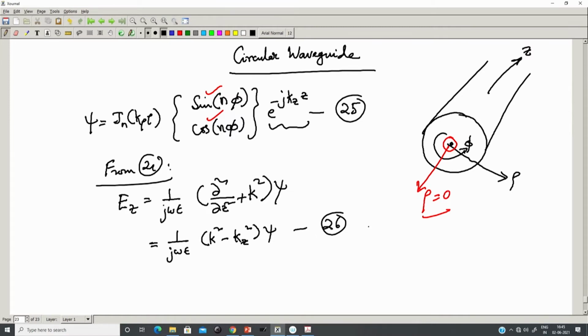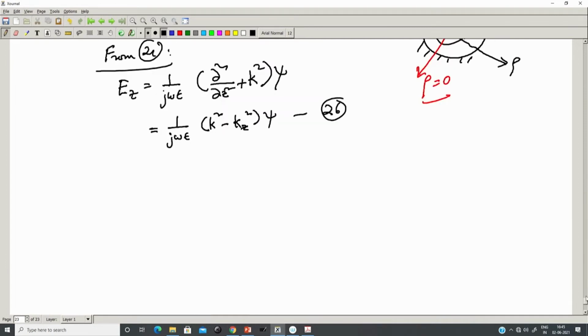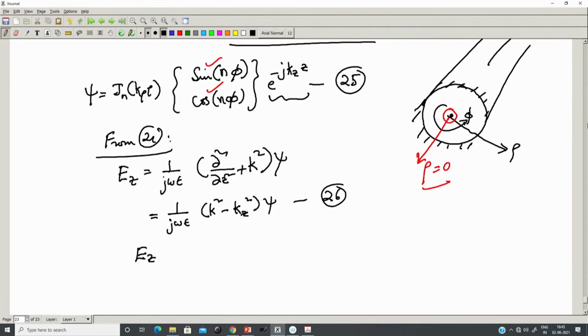Now, as per the conditions of the circular waveguide, because this is a PEC boundary, this is a conducting wall, Ez must vanish at rho equal to a, which is the radius of the circular waveguide.